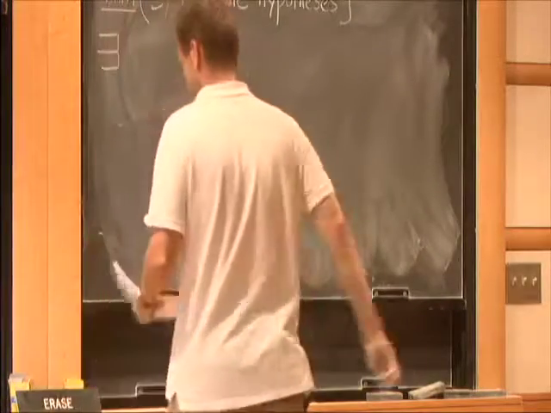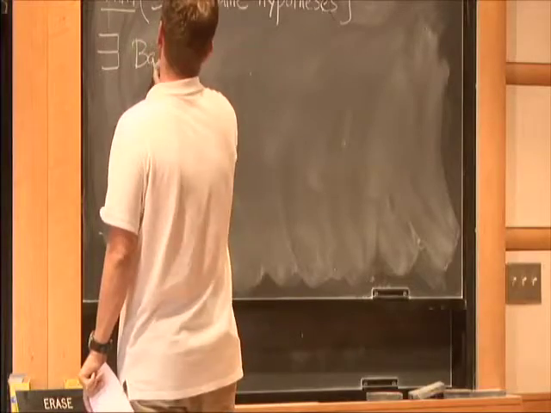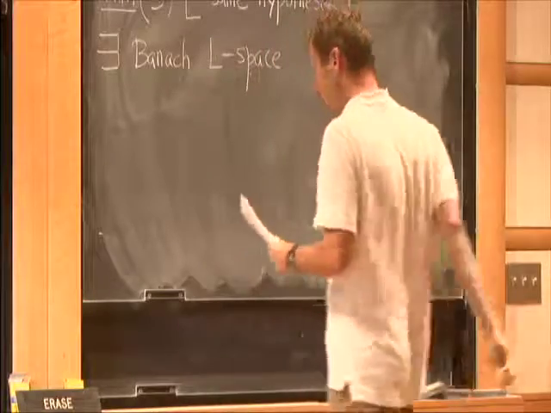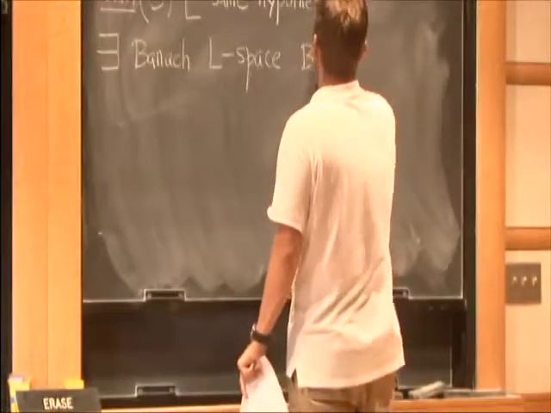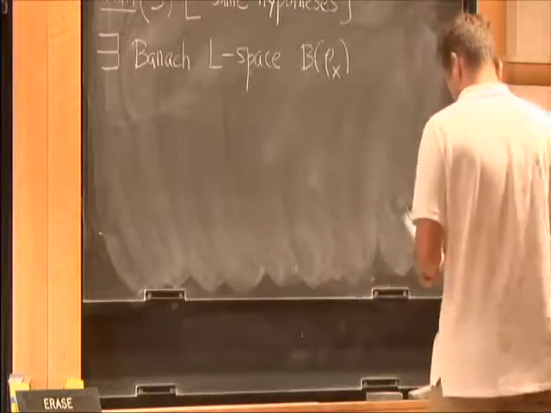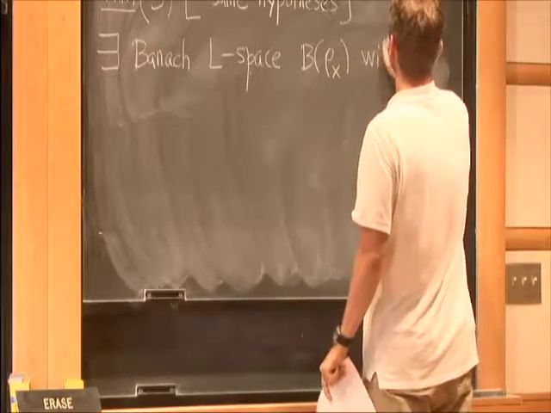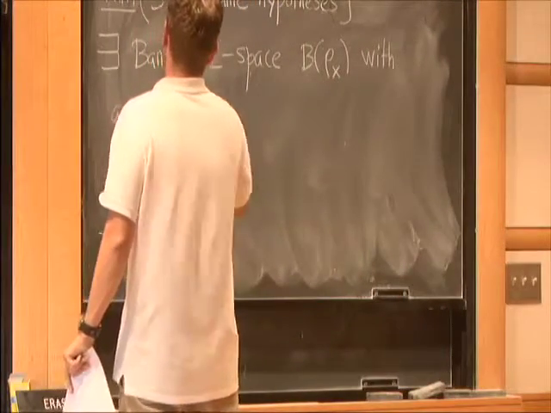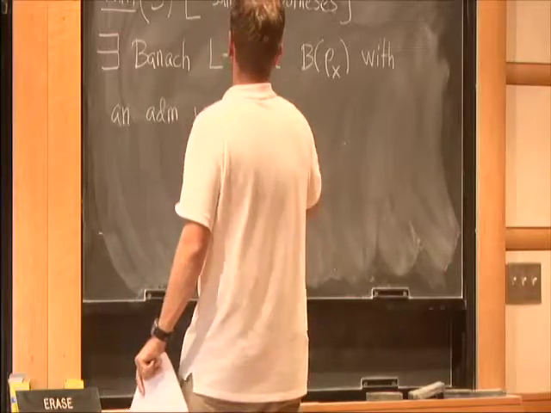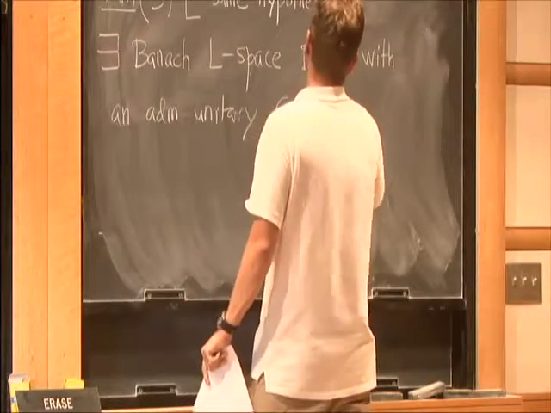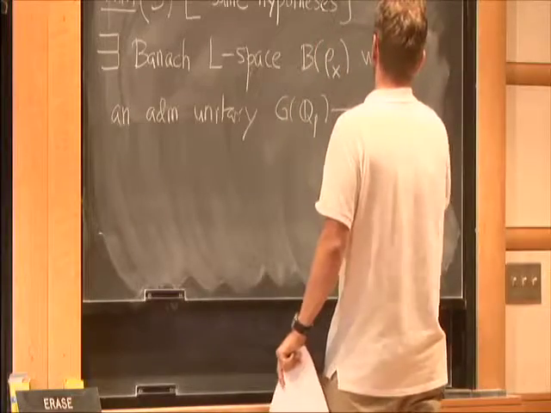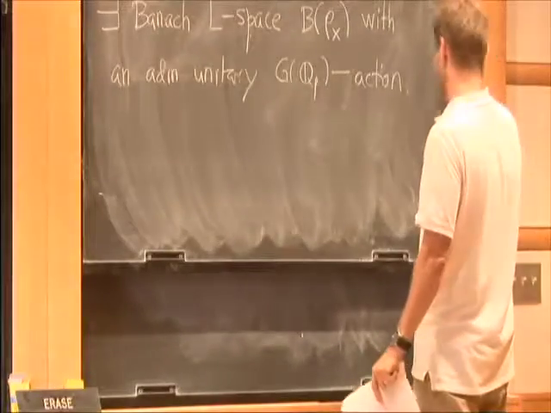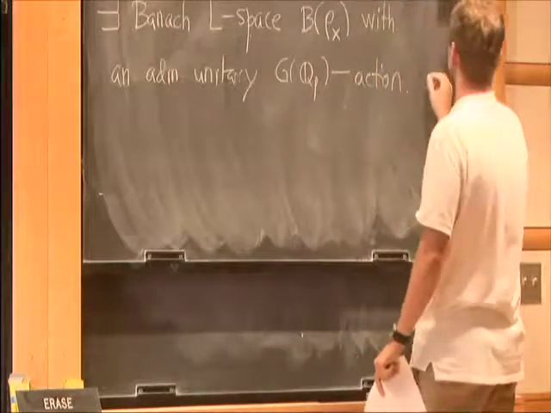So you construct a Banach L space, I'm going to call it B of rho x, which has an admissible unitary action, which satisfies the following properties.